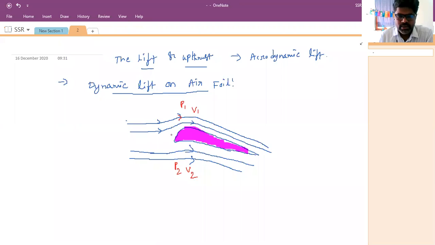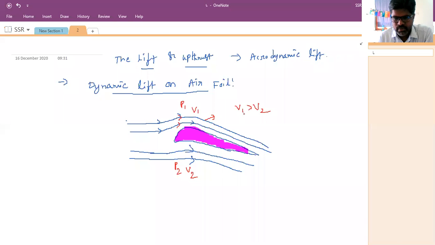You can observe that the path traveled by the air over the top of the wing is longer compared to the bottom. Then the speed obviously increases, so V1 will be greater than V2. It is the same type of mechanism, only slightly different. Here V1 is definitely greater because the wing is convex in shape.